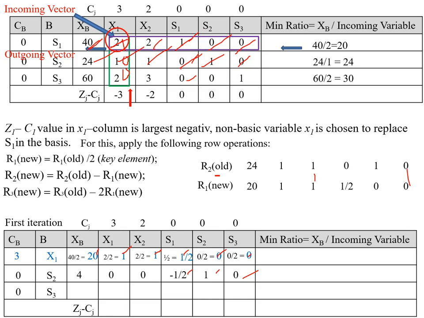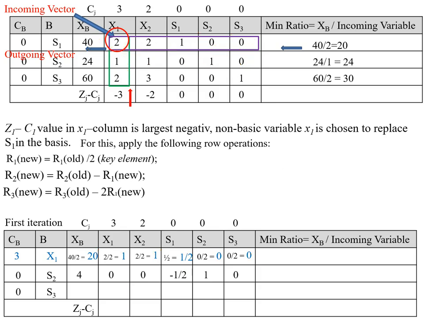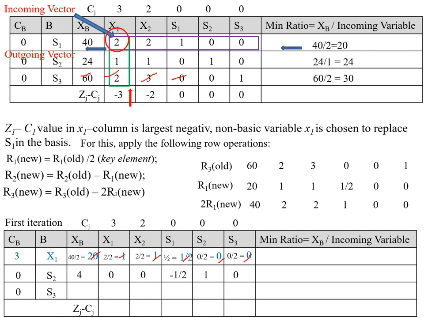Next we look at the third row operation, R3 new equals R3 old minus 2 R1 new. R3 old elements are 60, 2, 3, 0, 0, 1. And R1 new elements are 20, 1, 1, 1 by 2, 0, 0. Two times the R1 new elements become 40, 2, 2, 1, 0, 0.